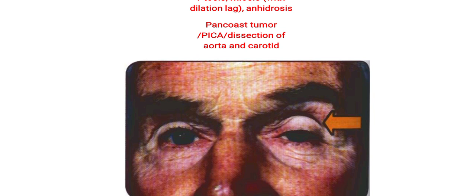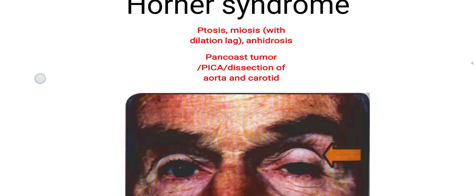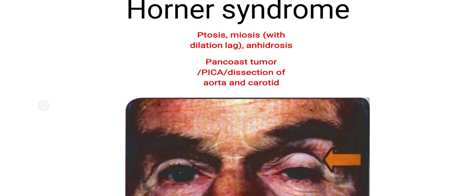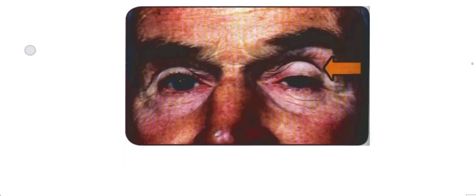So these all are the causes of, not Pancoast tumor, but these all are the causes of Horner syndrome. So whenever this syndrome or this type of picture comes in the exam, we have to think about all these causes. This could be a Pancoast tumor, PICA, dissection of the aorta and carotid.